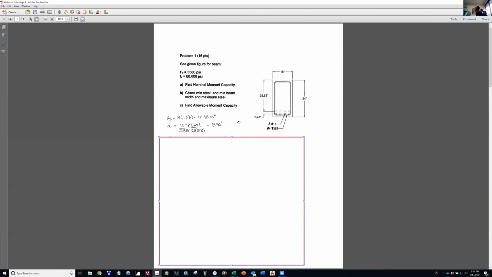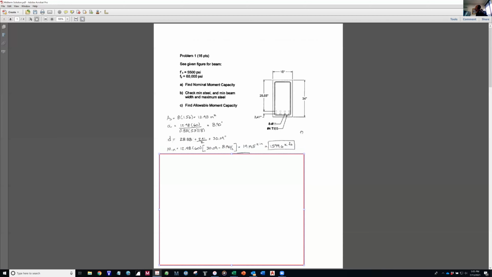I got 8.90 inches for effective depth a. d is the distance to the top row, 28.88, plus halfway to the next row. This is 8 number 11s, so they're balanced. You have 4 number 11s on the top, 4 number 11s on the bottom, so the center of gravity of the whole group is exactly halfway. So that's 28.88 plus 2.41 over 2, which is 30.09.